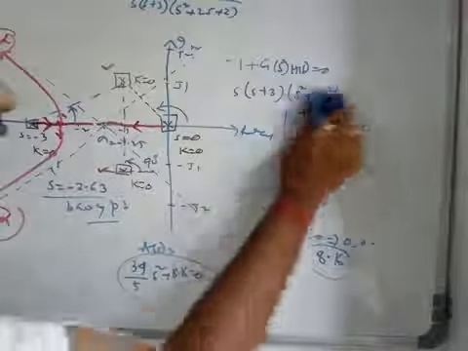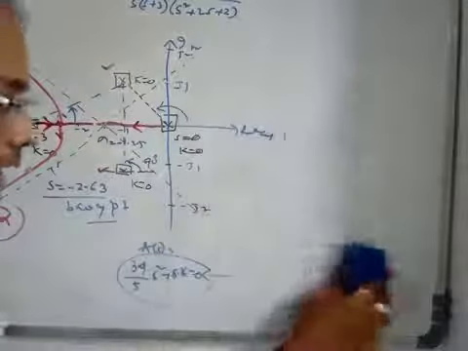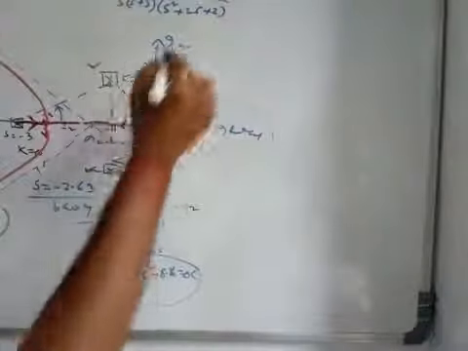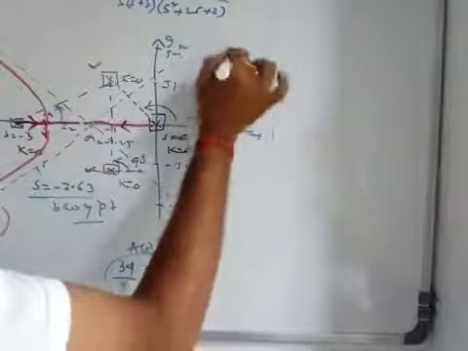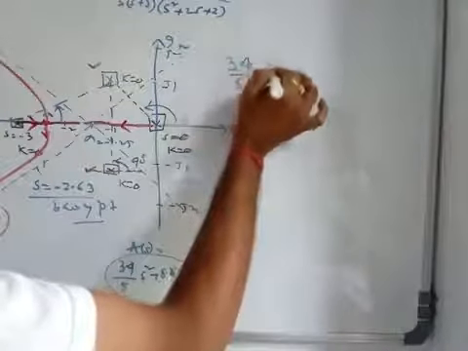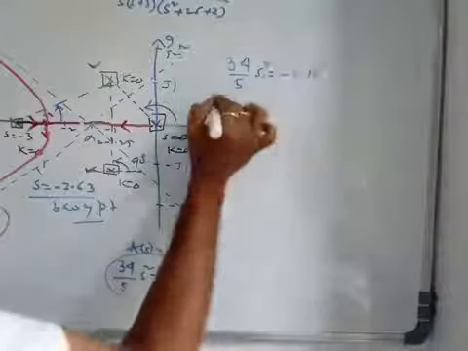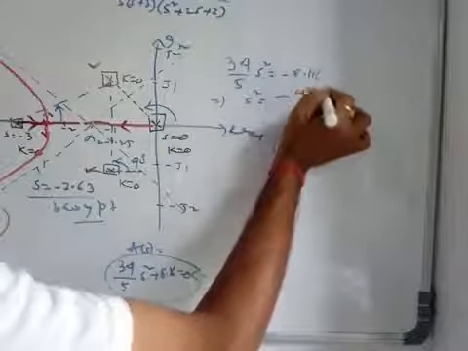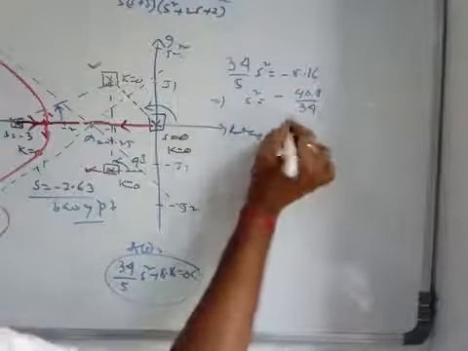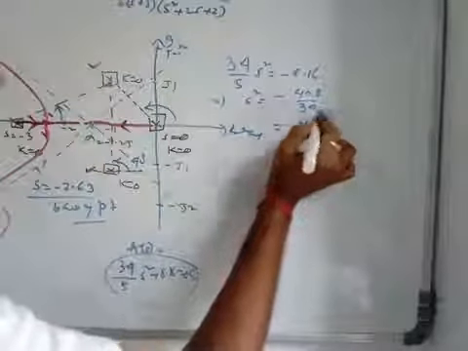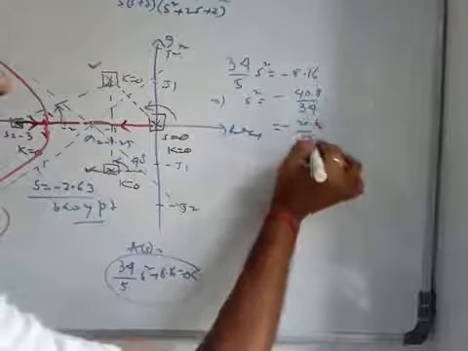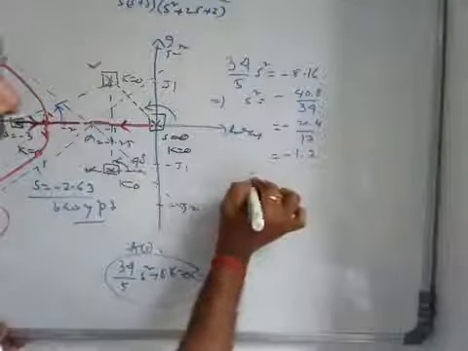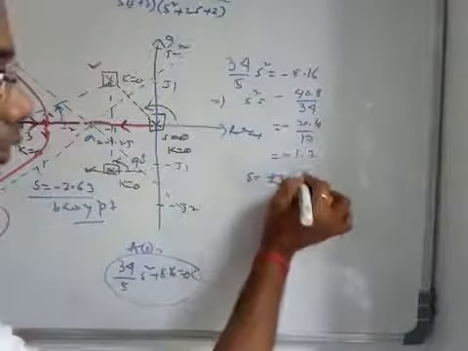This will give the solution for s, meaning the point where the root locus branch crosses the imaginary axis. That means 34 by 5 s square is equal to minus 8.16, so s square is equal to minus 40.8 by 34, which is minus 20.4 by 17, that is minus 1.2. So s is equal to plus minus j root over 1.2.